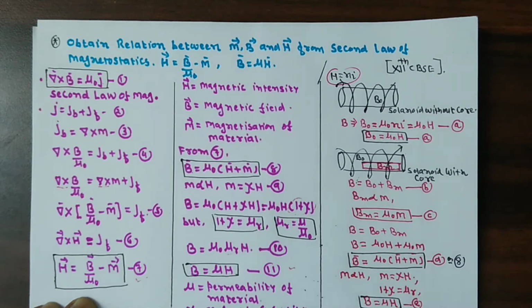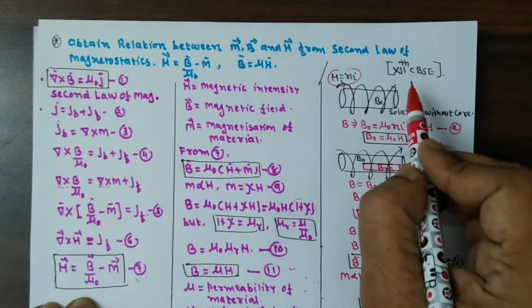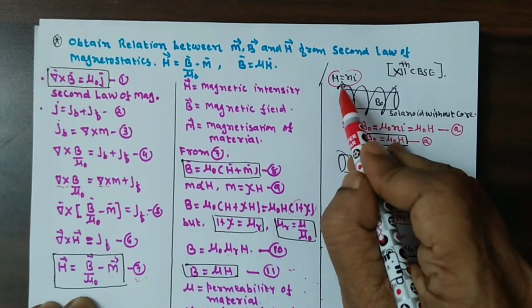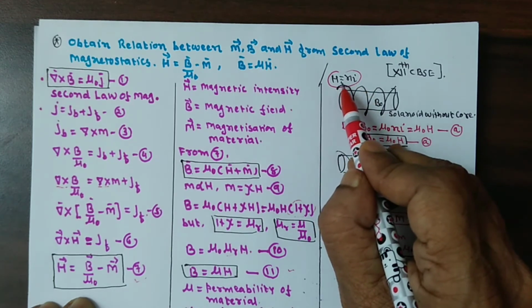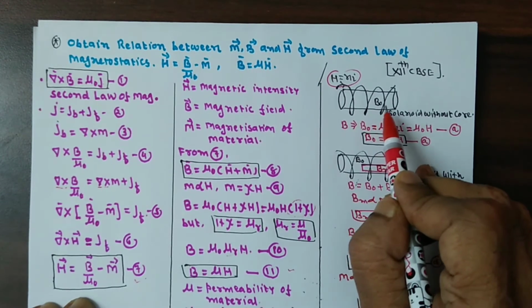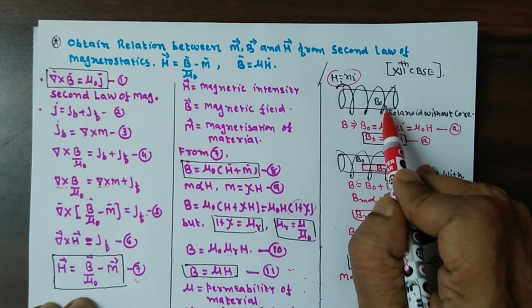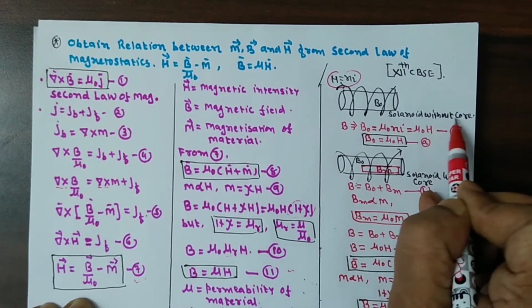mu is permeability of a material. Okay, now according to your 12th standard, you know that H equal to n into I. H is what? Magnetic intensity, I mean source field. Okay, B0 is the magnetic field without any material or without any iron core.